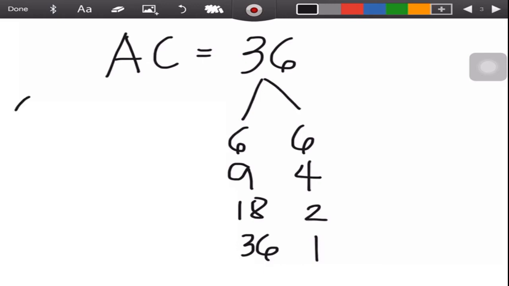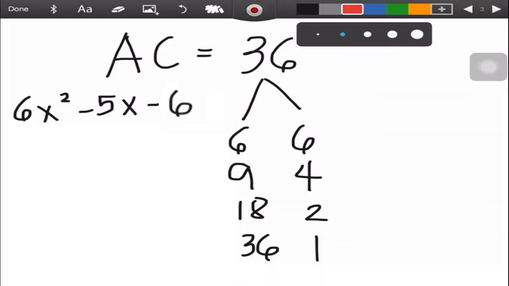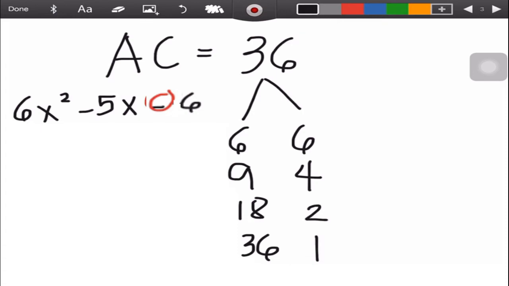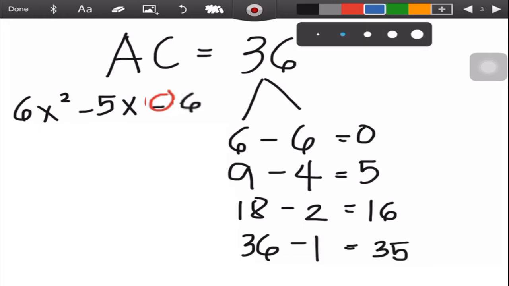So our given is 6x squared minus 5x minus 6. And then since our last term is minus, we will subtract the factors. So 6 minus 6 is 0. 9 minus 4 is 5. 18 minus 2 is 16. 36 minus 1 is 35.